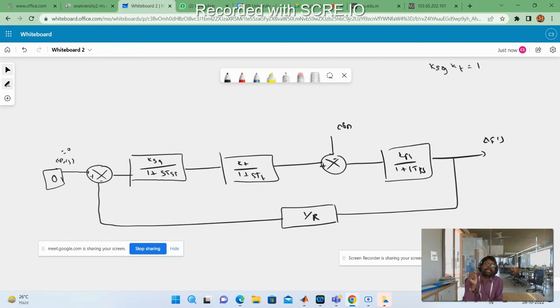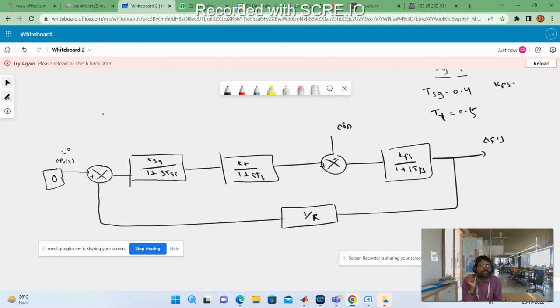That means you have to adjust the length of the linkage mechanism such that KSG into KT equals 1. Keep TSG equal to 0.4 seconds, TT equal to 0.5 seconds, and KPS equal to 1 by B, where B is generally 0.01, so KPS equals 100. TPS equals 20 seconds and R equals 3. So these are the parameters.